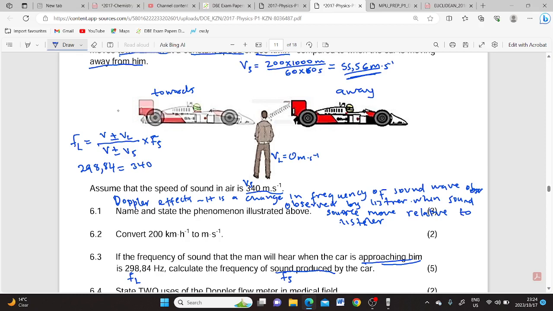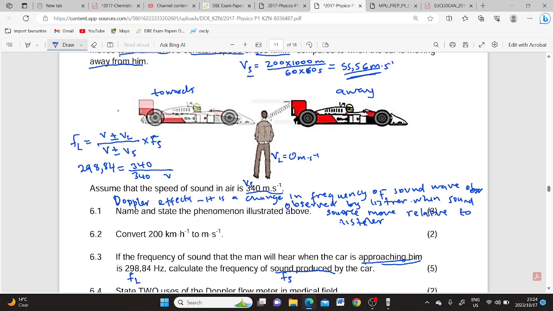So let's not confuse ourselves by putting plus or minus, we just write 340. Now the velocity of the source, is it given?